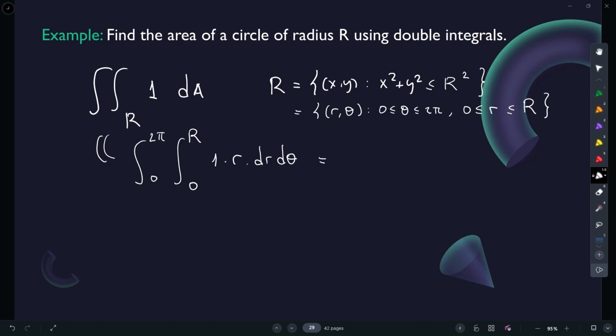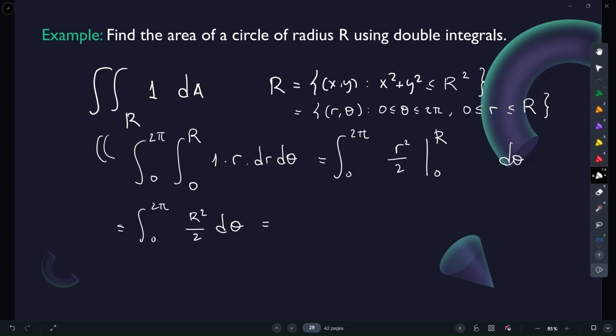Now I can proceed with my integration. The integral with respect to theta, I'm not going to do anything to it, but the inside is the integral of r dr, which is r squared divided by 2 between 0 and capital R. That is the integral from 0 to 2 pi of R squared divided by 2 d theta.